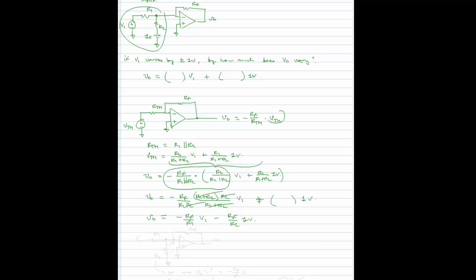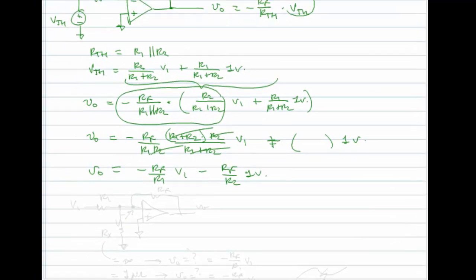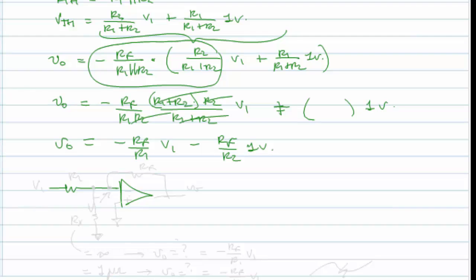In fact, why does it work this way? Think of this is an interesting point here. Think about this circuit here. If I have R1, RF, and if my non-inverting input is grounded, then this voltage V minus is at 0 volts, right?